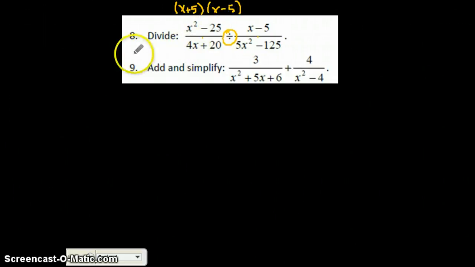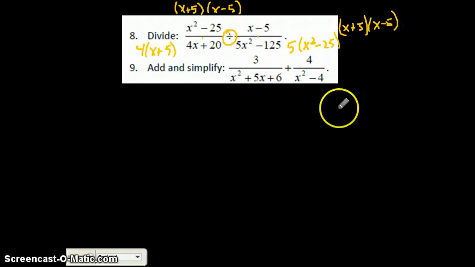We also know that we could pull a 4 out of that bottom, x plus 5. We also know that we could pull a 5 out of the bottom here. 5 times x squared minus 25. And then we could factor that to x plus 5 and x minus 5.